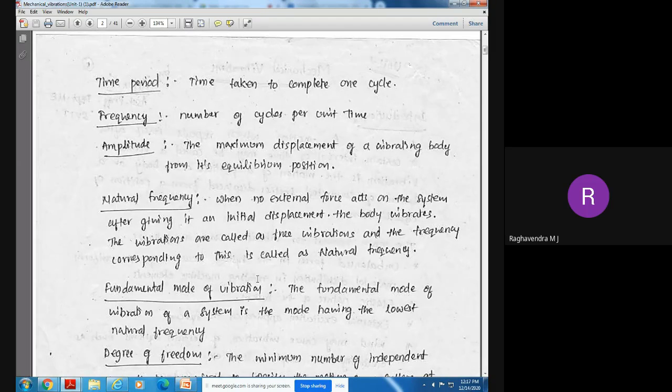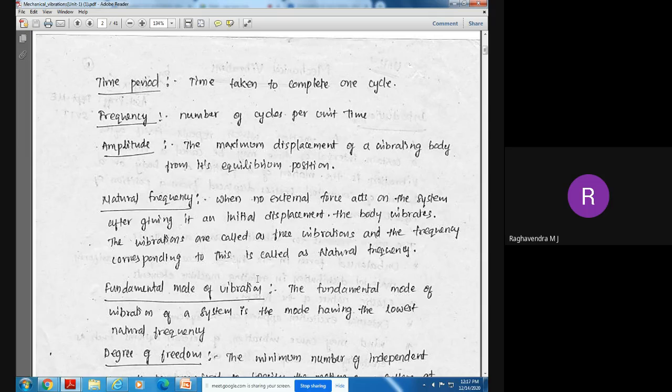I told you, in the case of a simple pendulum, initially it is at the resting position, that is, the rest state. What we are doing is applying some external excitation, that is, an initial displacement, to the pendulum. That is, you drag and leave the pendulum. After that it will oscillate on its own about the equilibrium position.